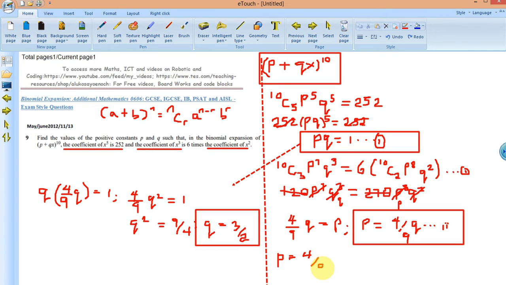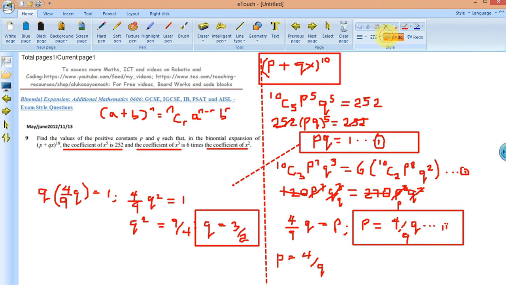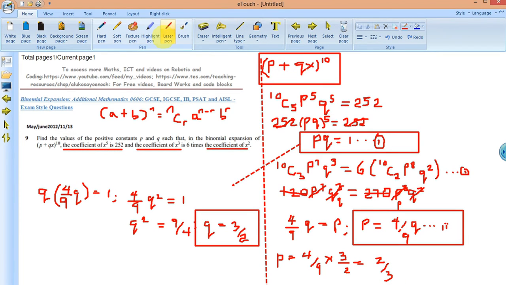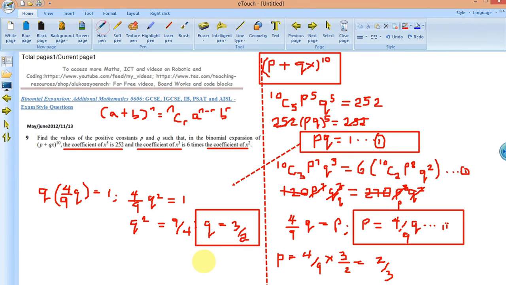And I have q to be 3 over 2, so 4 over 9 times 3 over 2. That will be 2 here, and this one here, 3. So I think I'm good, right? So finally I can conclude that p is 2 over 3.